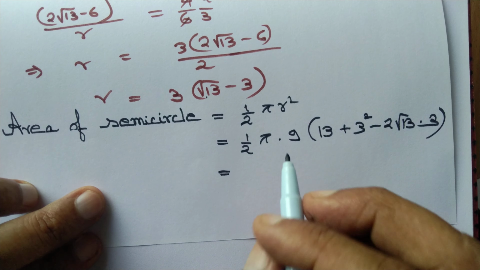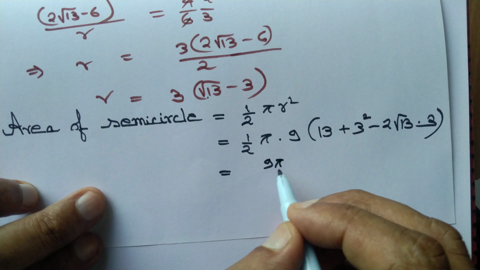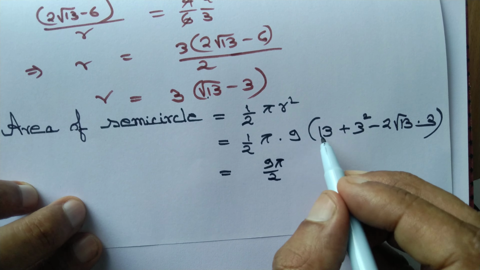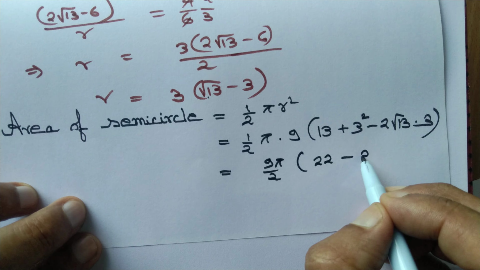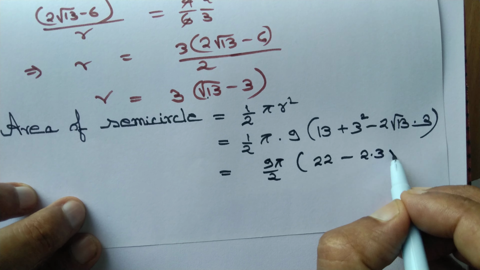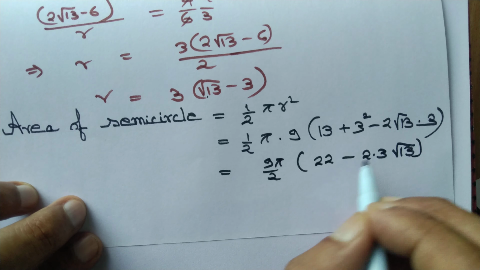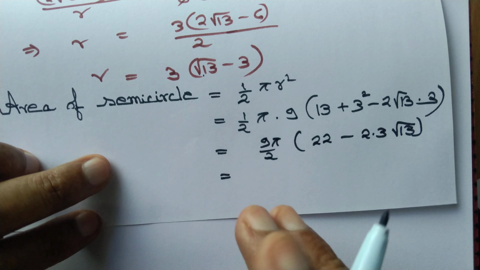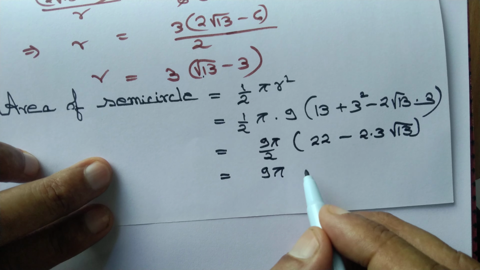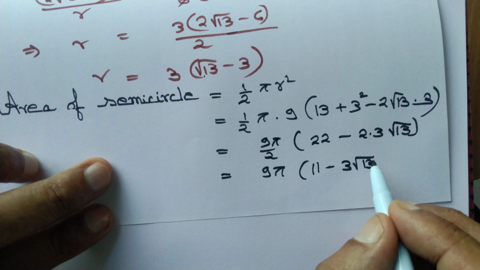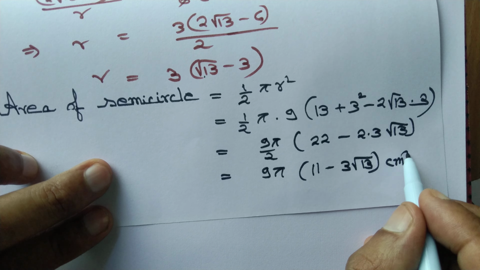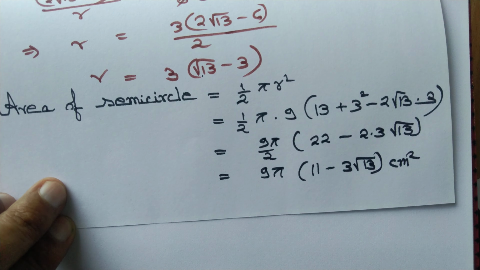We can simplify this out. We simply write it as 9 pi by 2, then 9 plus 13 is 22 minus 2 times 3 times root 13. Here we can cancel 2 once again, and we get 9 pi times 11 minus 3 root 13 square centimeter. That's the area of semicircle.